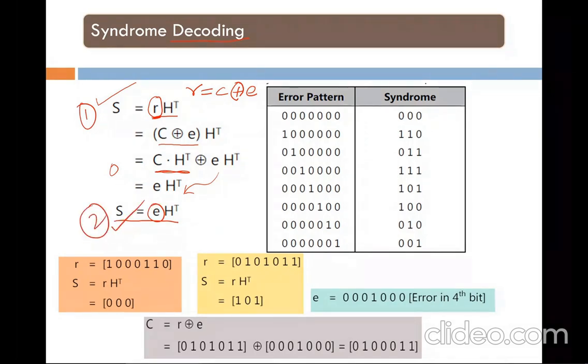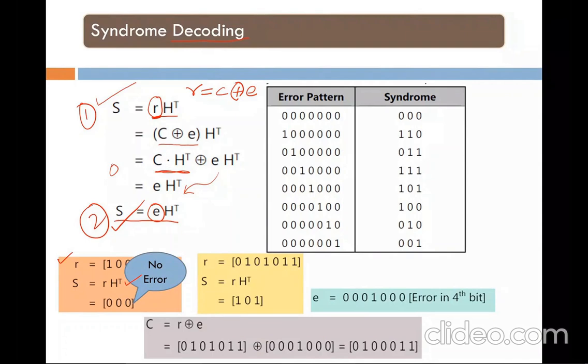See this example. If we have a received code word shown here, R is equal to 1000110, and a parity check matrix H is there, we take its transpose and multiply the received code word with H transpose. If we get the syndrome as all zeros, then it indicates that there is no error. Remember, if the syndrome calculated by multiplying the received code word with H transpose is 0, then there is no error.